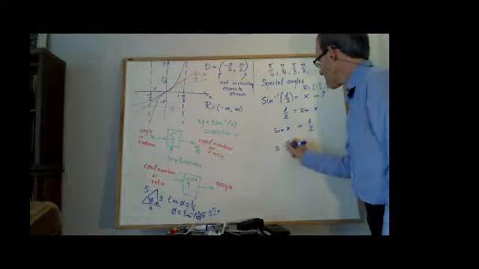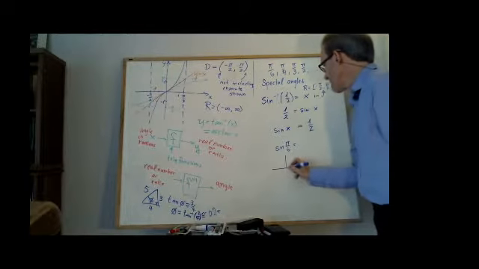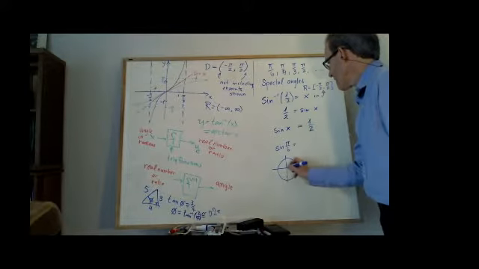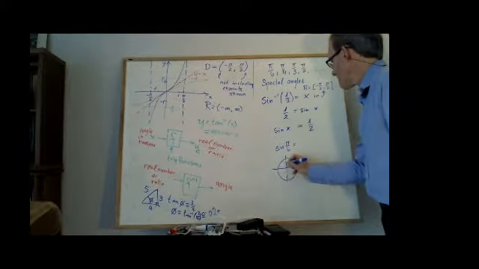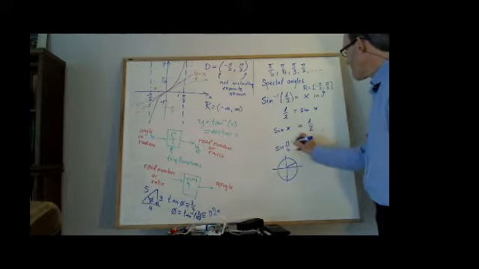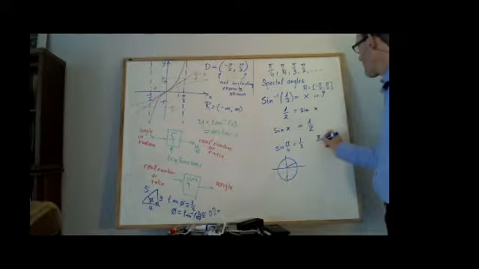So if you look at the unit circle, you go to pi over 6, and that gives you a value of y which is 1/2. So that will work, and that's in this range. So it works.